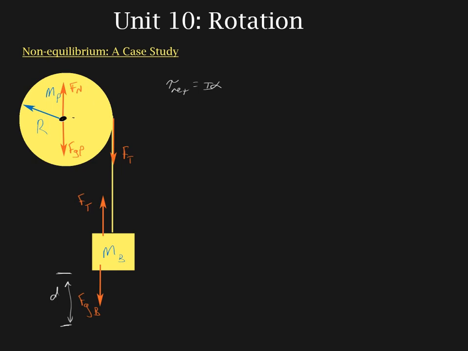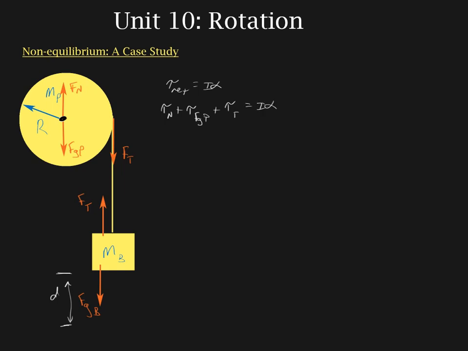Okay, so we know that we've got three forces acting on our pulley, so technically we could write those in. So we have the torque due to the normal force plus the torque due to the weight of the pulley plus the torque due to the tension force is equal to I alpha.